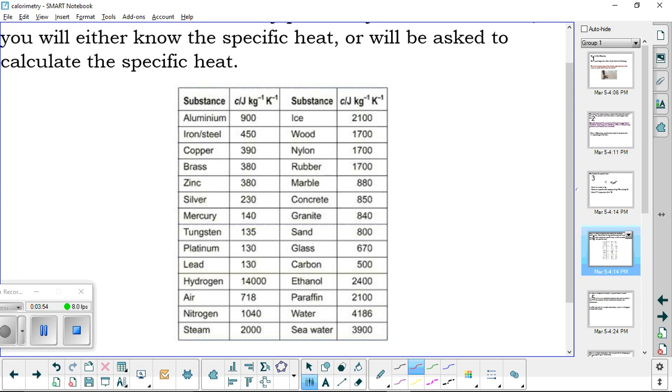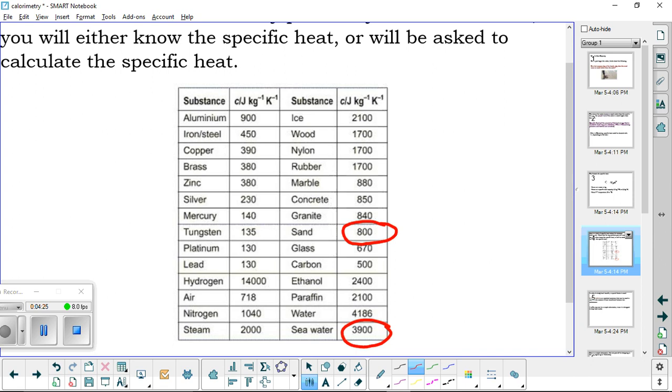You see here's seawater, and seawater has a specific heat capacity of 3,900 joules for every kilogram of seawater to raise it 1 Kelvin. Here's sand up here, which has a specific heat capacity of 800 joules to raise 1 kilogram of the sand 1 degree Kelvin.